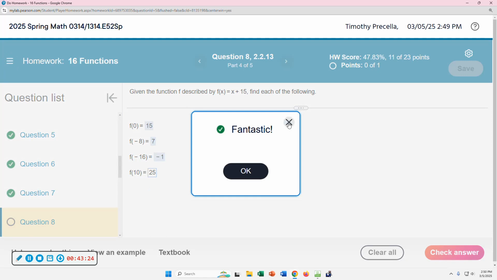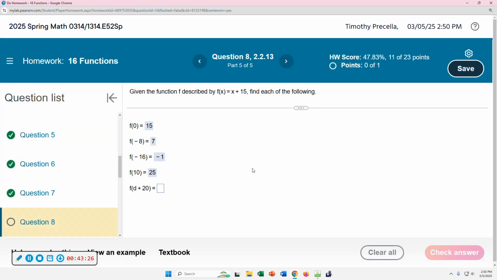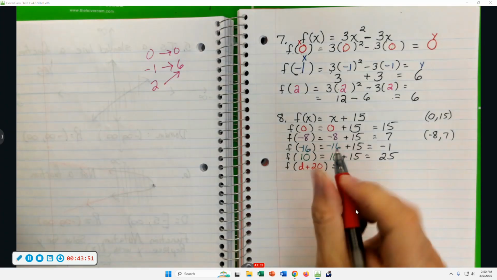Okay, now here's part 5. So the moral of the story is whatever's in the parentheses, you plug it in for x. Looking at this one, don't panic too much. Find f of d plus 20. At first glance, you're going to think, I have no idea what to do, but wait a minute.